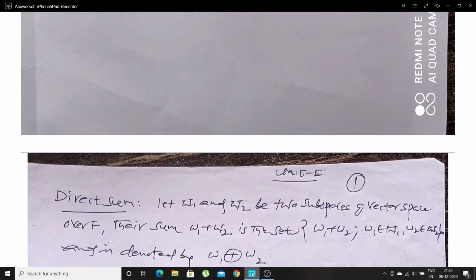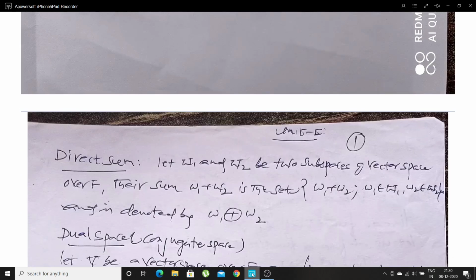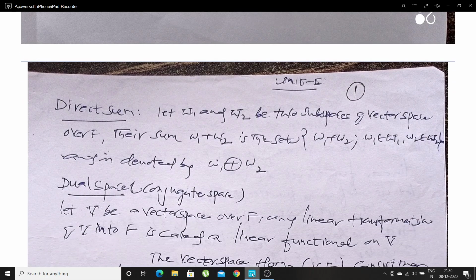The next definition is direct sum. If W1 and W2 are two subspaces, and you know the definition of subspace, of a vector space over a field F, then we denote the sum of the two subspaces as W1 plus W2.